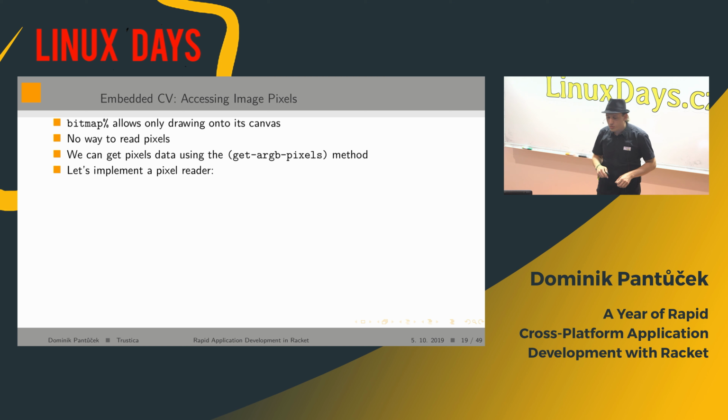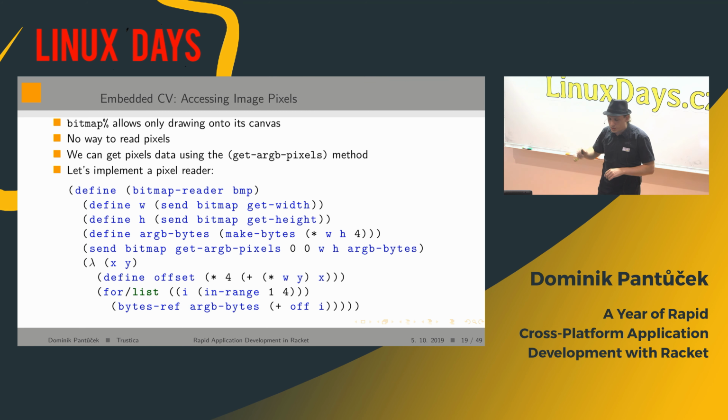So we can use this method to get this array, actually a vector of bytes, and we can implement a pixel reader. And this nicely shows all the features of Racket, why it really helps with rapid development. You want to read pixels from a bitmap, so you check what's its width and height, you load the bytes representing all the 4 channels into a byte array, and then you return a new function.